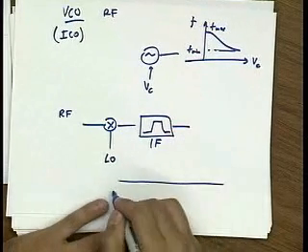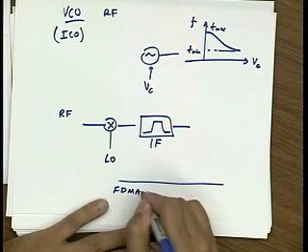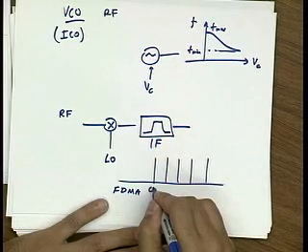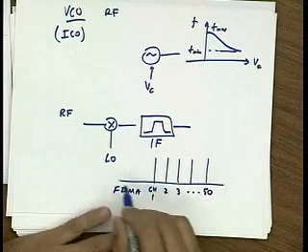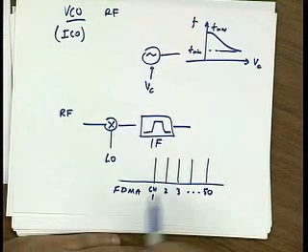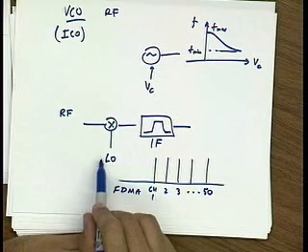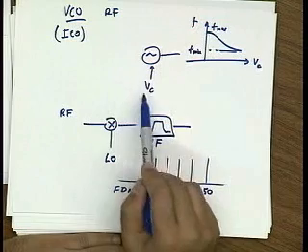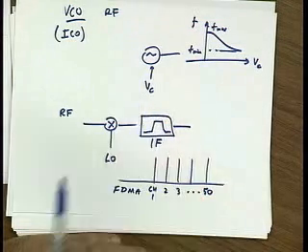So, for instance, if I'm doing frequency division multiple access, I'll have a bunch of RF channels, channel 1, 2, 3, dot, dot, dot, let's say 50. At any given time, I may be on any one of these channels. That means I need to be able to change my LO frequency, and somehow I'm going to find the right control voltage to pick the right output frequency.